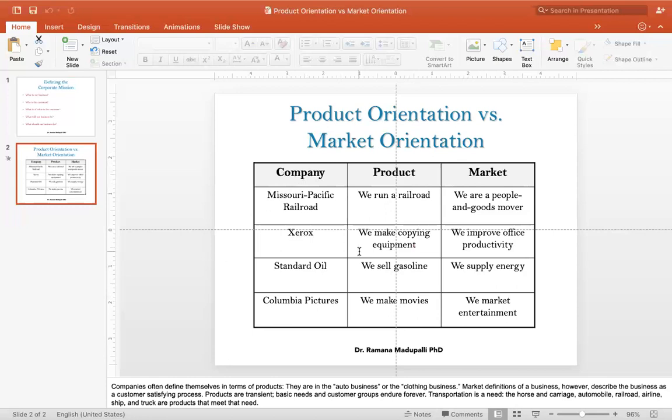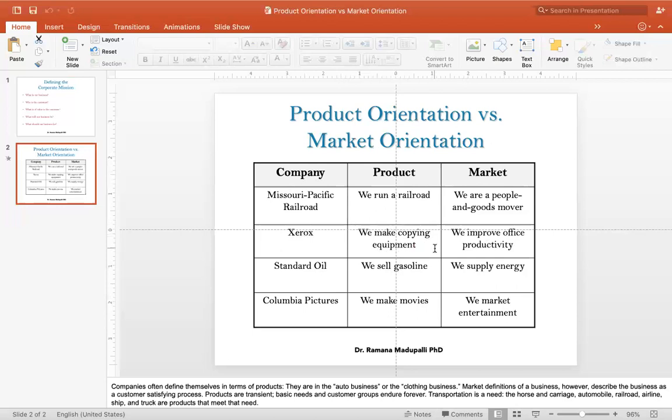These are a few examples. Missouri Pacific Railroad: the product orientation is we run a railroad, whereas the market orientation is we are a people and goods mover. Xerox: we make copying equipment, we improve office productivity. Now, this is a beautiful example, Xerox. We make copying equipment because that's how it started, Xerox Corporation.